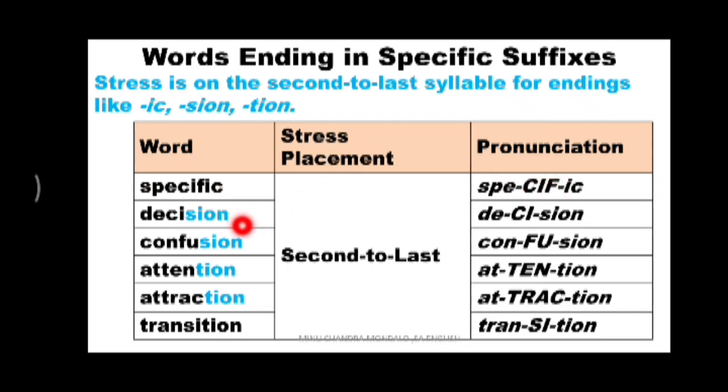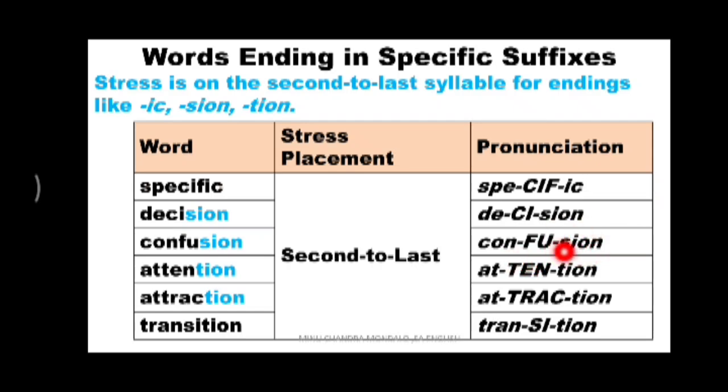Similarly, decision. This word ends with SION, which is a suffix. As per the rule, the stress will fall on the second to last syllable for endings like SION. So ci is the second to last syllable, and the stress will fall on it. Similarly, confusion.